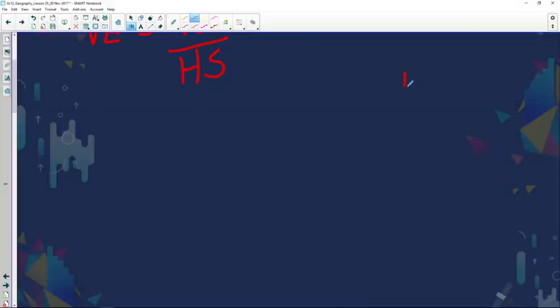So we need to convert that 20 meters to centimeters. Now, how many centimeters is there in 1 meter? 100. Now, how many centimeters is in 10 meters? 1,000.